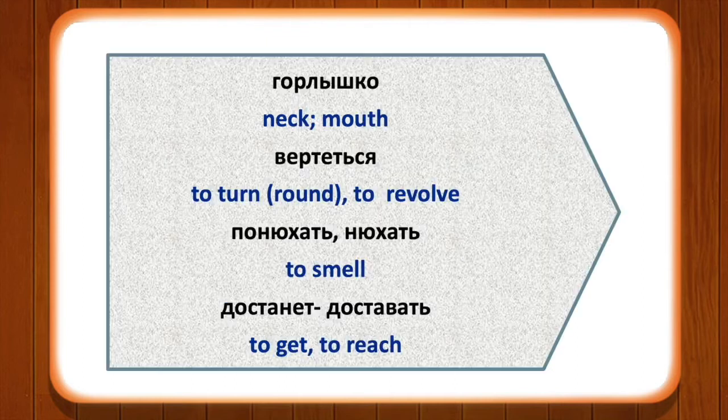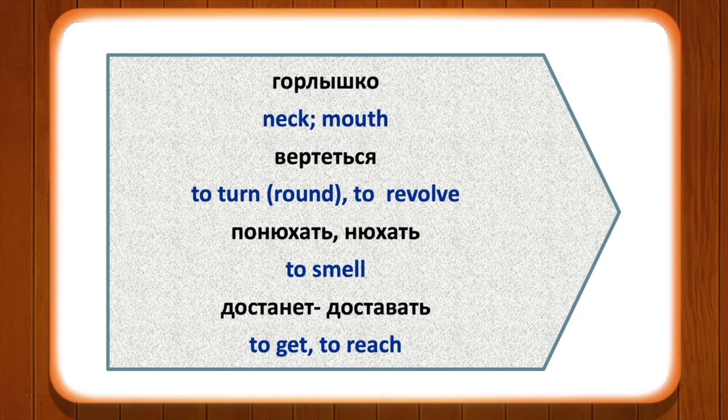Next we have горлышко. Горлышко means neck or mouth of something. Next word we have вертеться. That means to turn round or to revolve. Next word we have понюхать or нюхать. That means to smell.